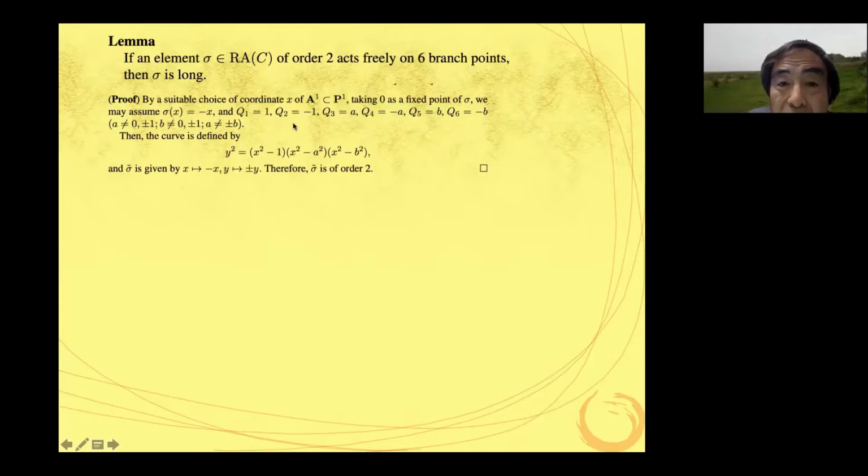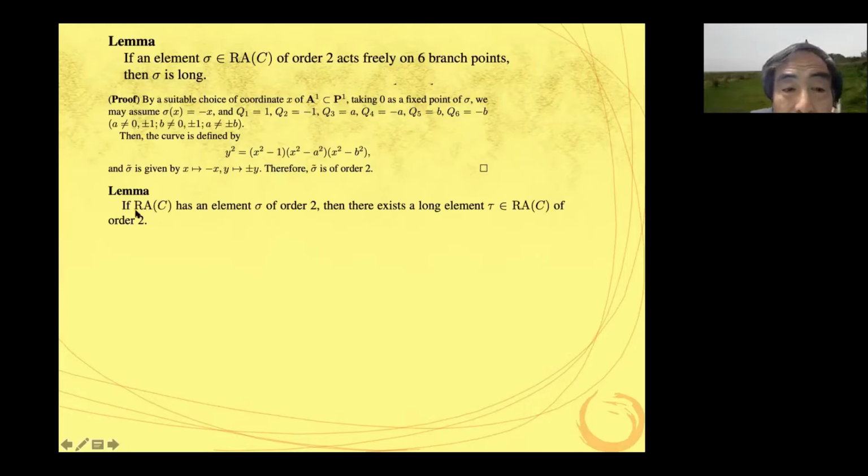And then the branch point is given by like this, with taking suitable A and B. And then the curve is defined by like this. So sigma is given by like this. So you can take sigma tilde like this. So we can take sigma tilde of order 2. So sigma is wrong. Very easy lemma.